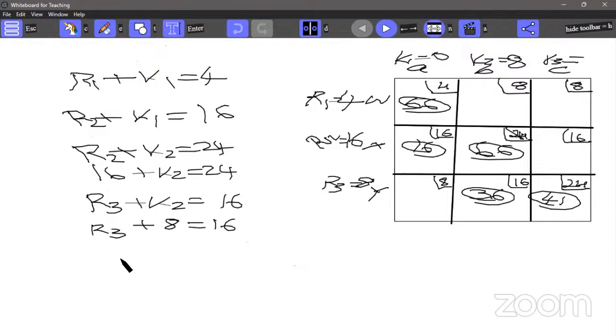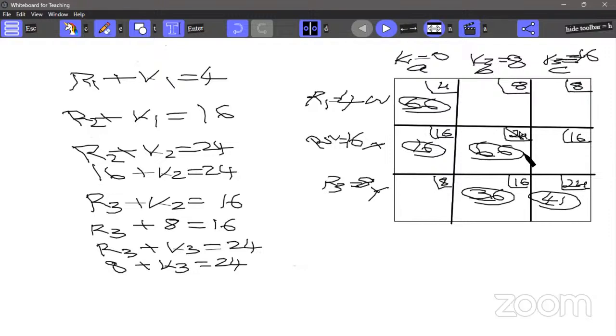Tell me the equation for the 41 stone. R3 plus K3 equal to 24. So R3 is 8. K3 we don't know. So how much is K3? 16.